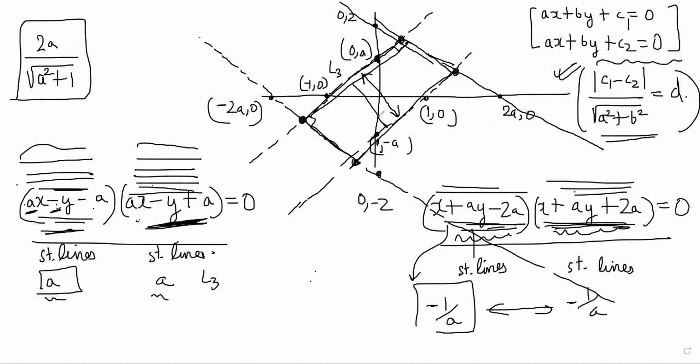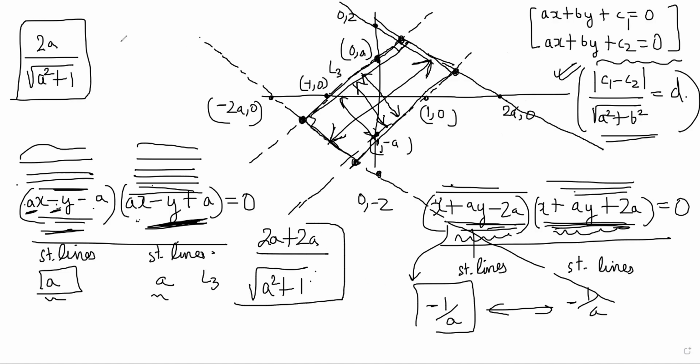So that distance will give you one side, right? Yeah. And we also know that these two are also parallel, right? So this distance also we can find out, no? Right? Yeah. So that will be 2a minus minus 2a, c1 minus c2, so plus 4a by root over a square plus 1, because the coefficients are 1 and a here also.